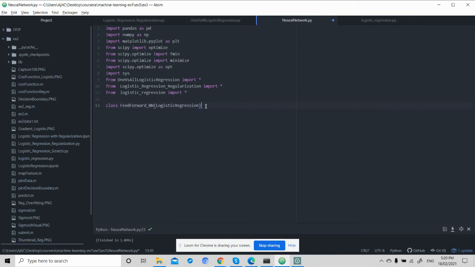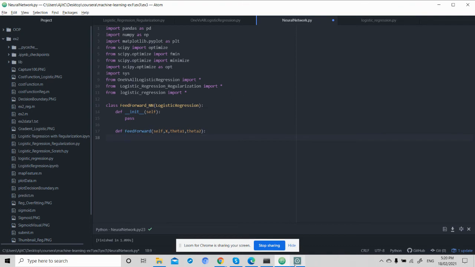This is the inheritance concept, I hope you all know that. This is just to initialize my class. Let's write a function where the input parameters theta1 and theta2 are given.